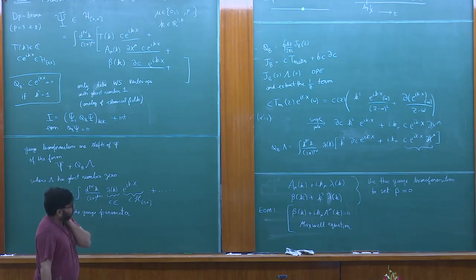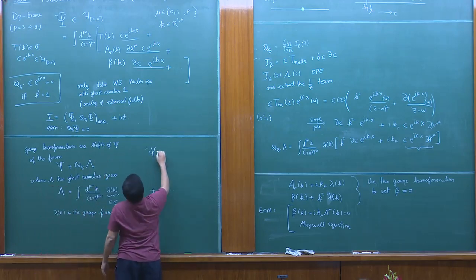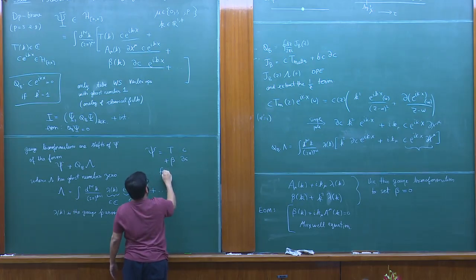It's kind of meaningless to talk about k. So this expansion will be much simpler. It will just have a t c and a beta del c for a D-instanton.